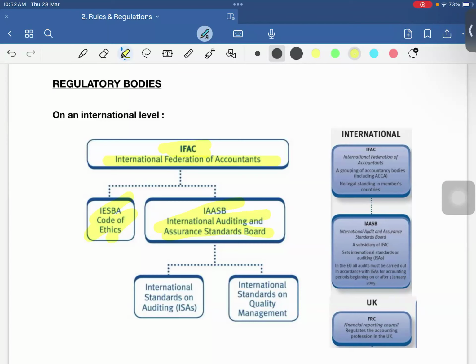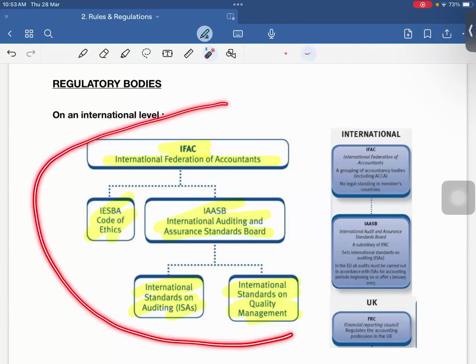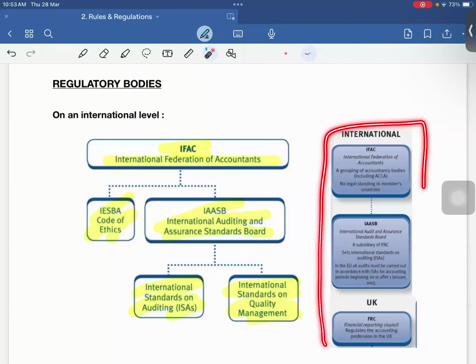Now, under IASB, there are two other bodies: International Standards on Auditing and International Standards on Quality Management. This whole thing is concerned with auditing. The next one is concerned with IAS and IFRS.